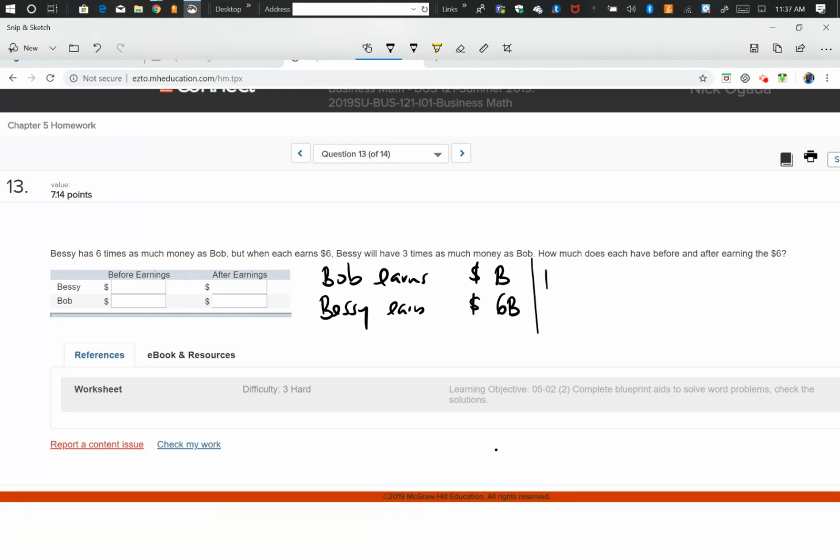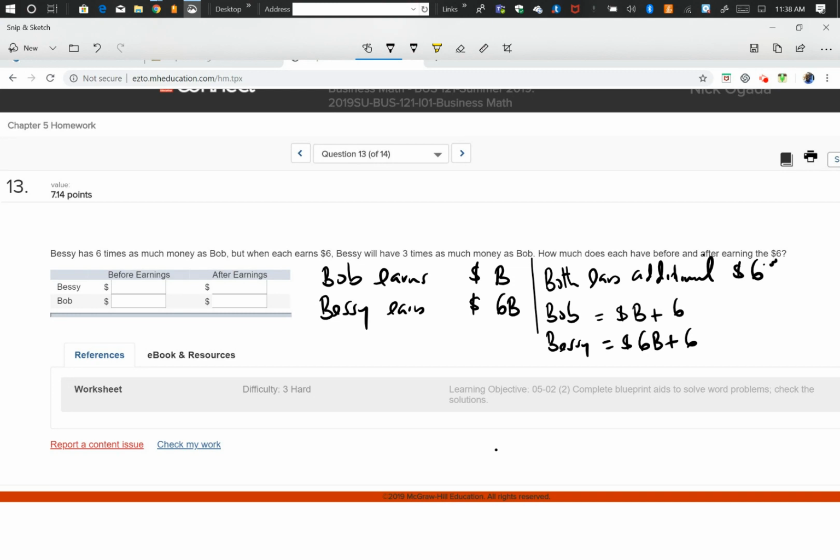When they both earn an additional $6, then Bob is earning B plus $6, and Bessie is earning 6B plus 6, because each is earning $6 in addition to what they were earning before.